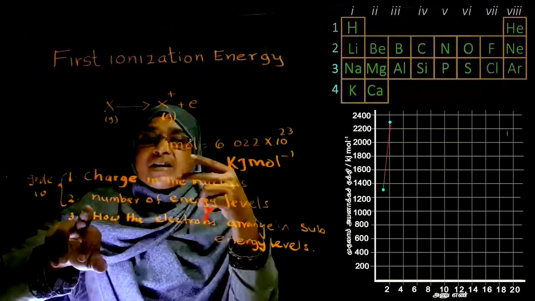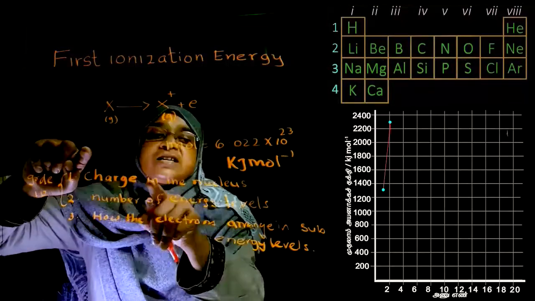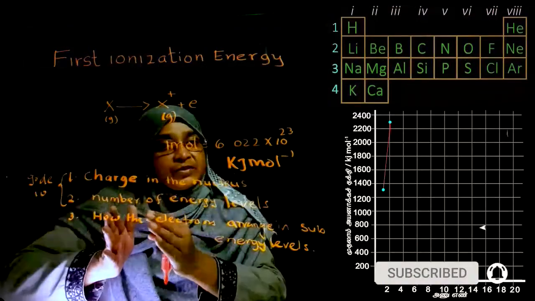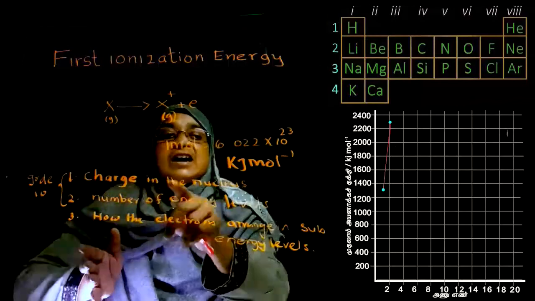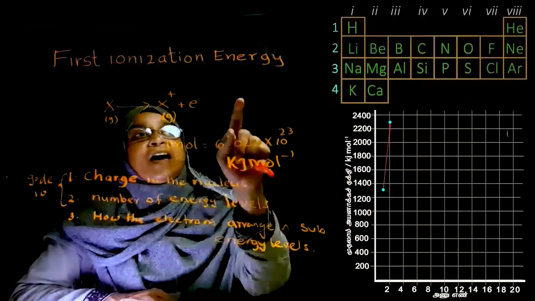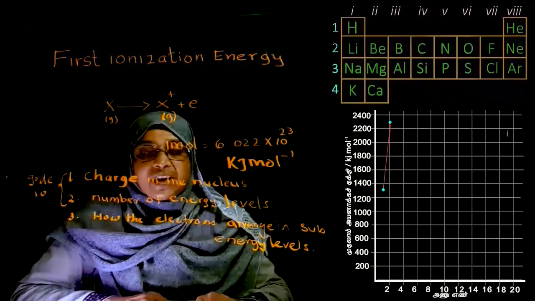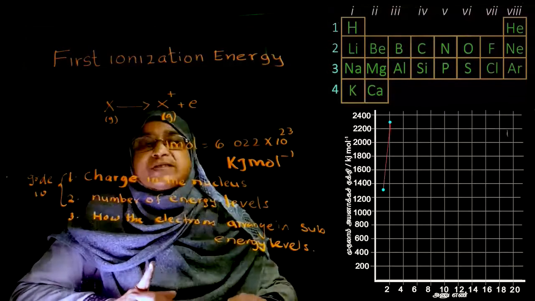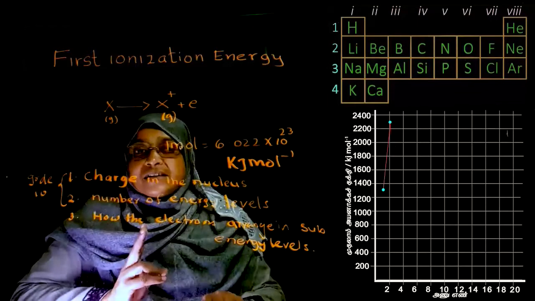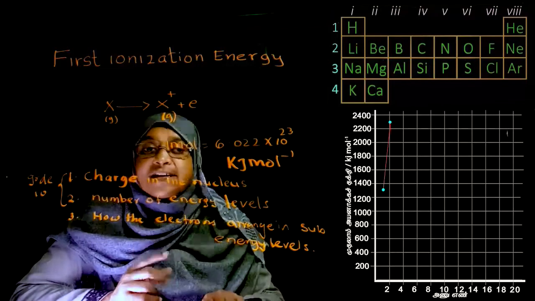The number of energy levels is equal, but the charge in the nucleus varies. From left to right the charge in the nucleus increases, so the first ionization energy also increases. In the second period, the first element, in group number 1, is lithium.